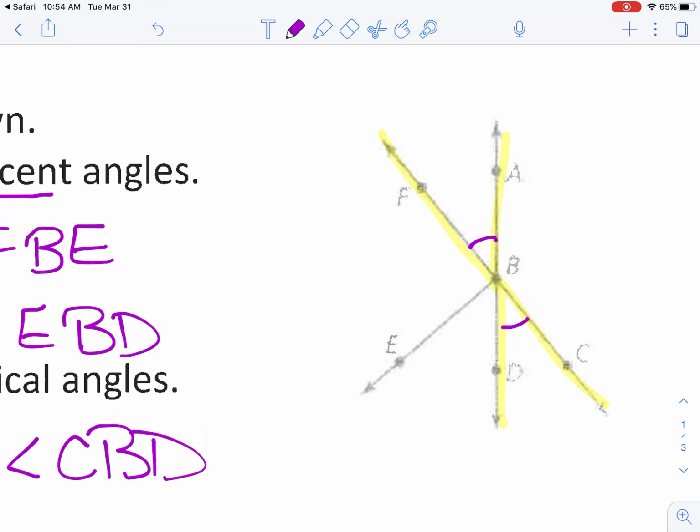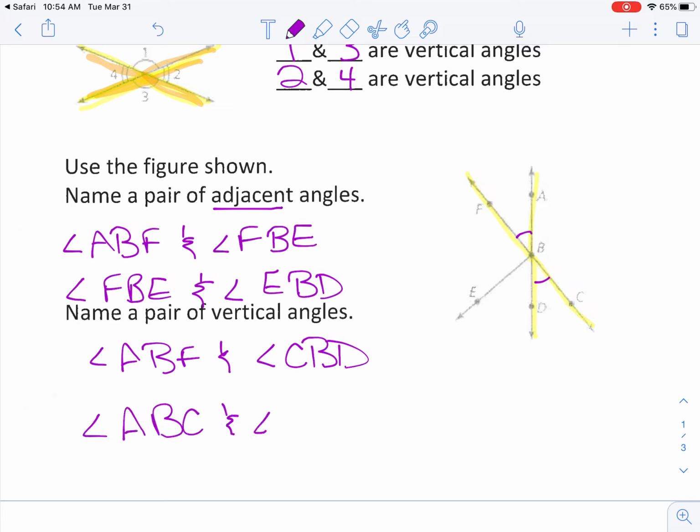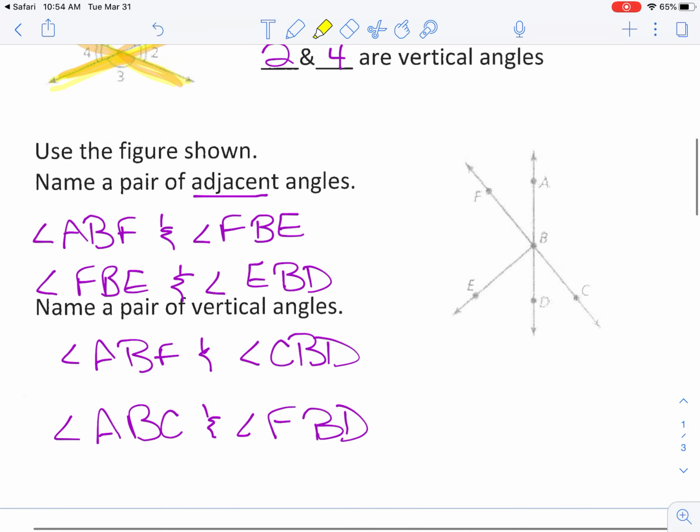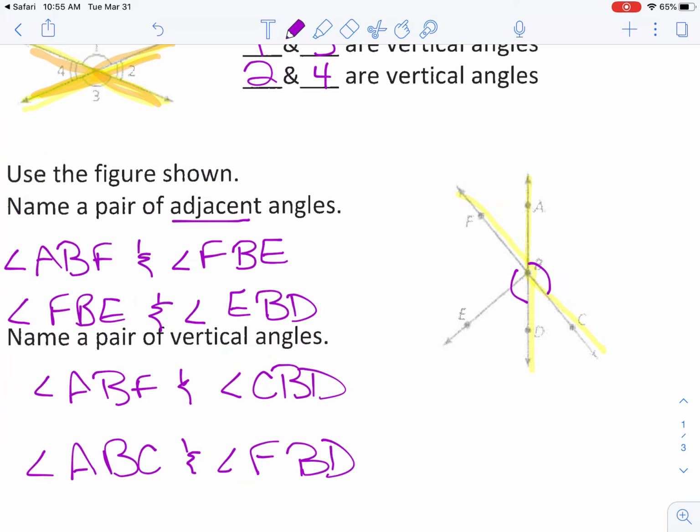Those angles would be congruent as well. Another one, we could say angle ABC and angle FBD are also vertical. And again, those angles are congruent.